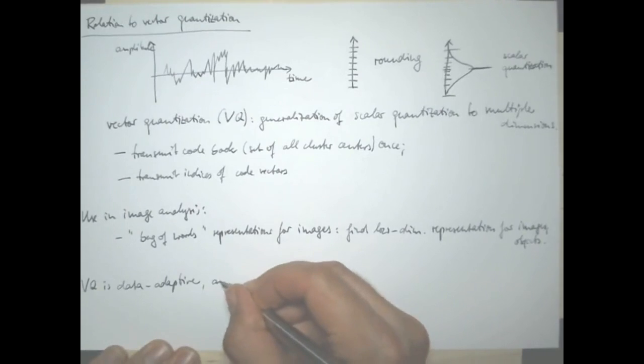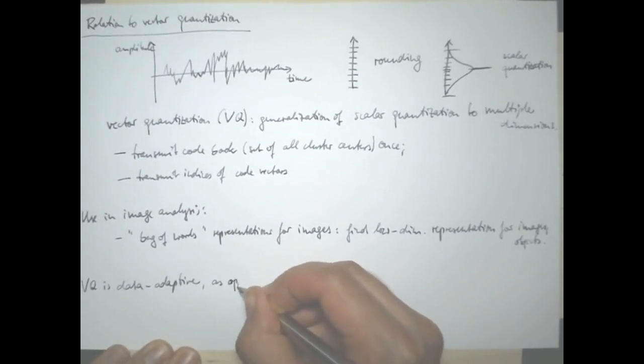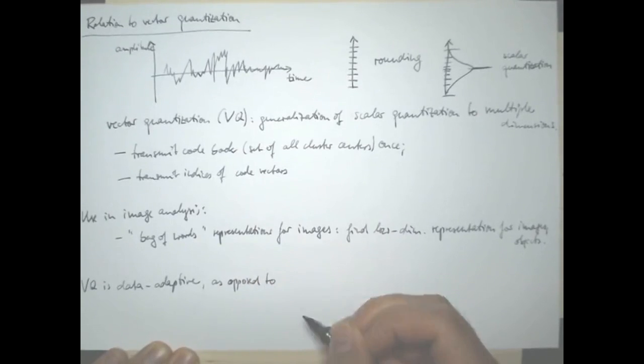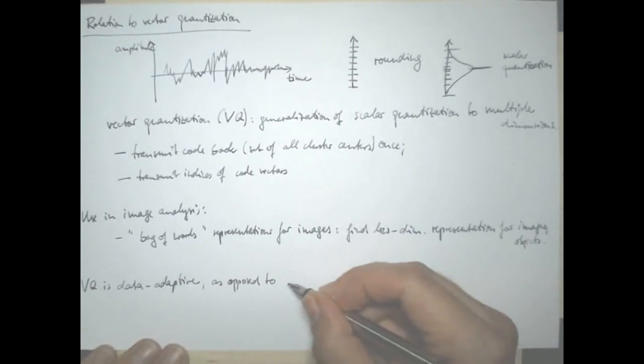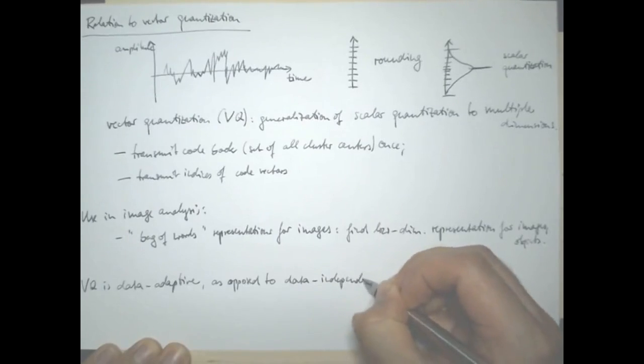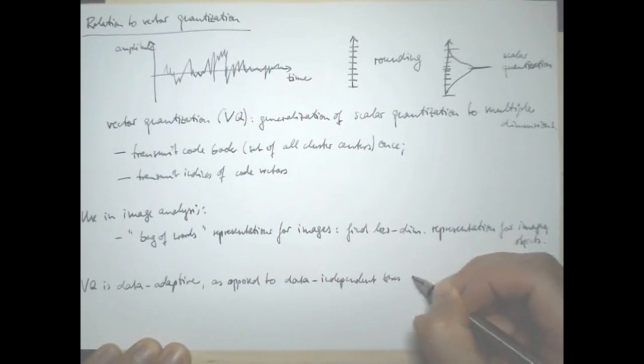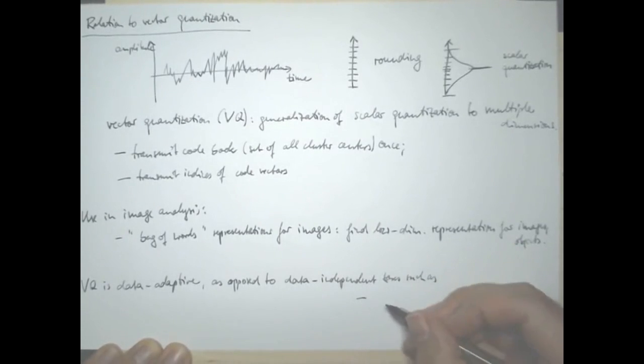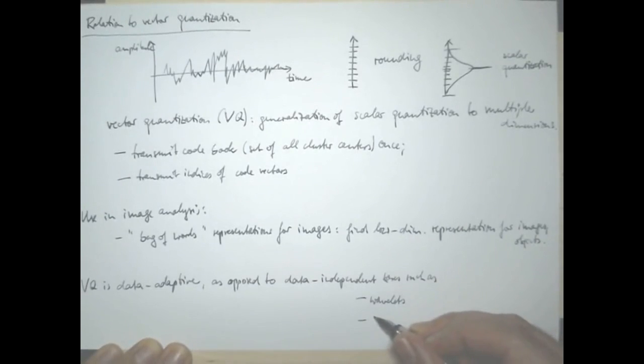And in contrast, other people use data independent bases such as, and that's a huge area of research, wavelets, for example, or different transforms, like the cosine transform.